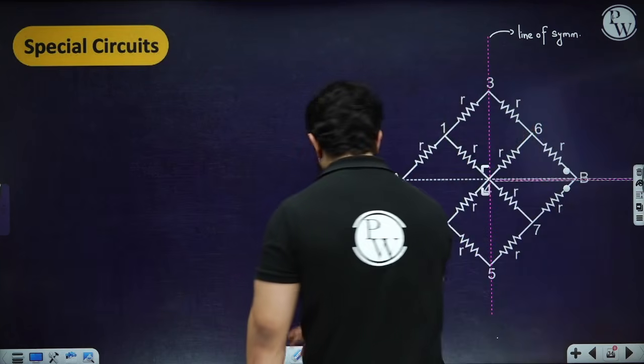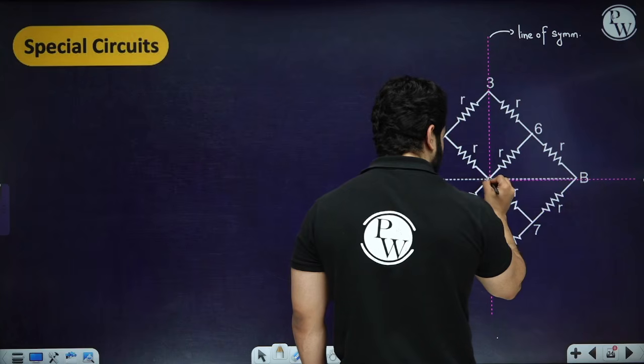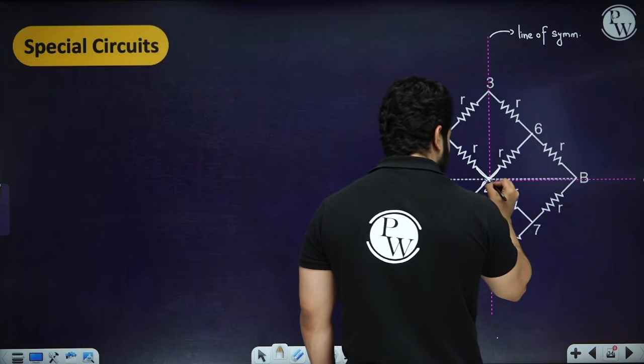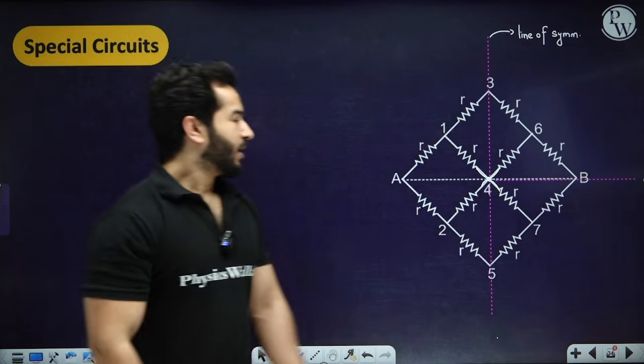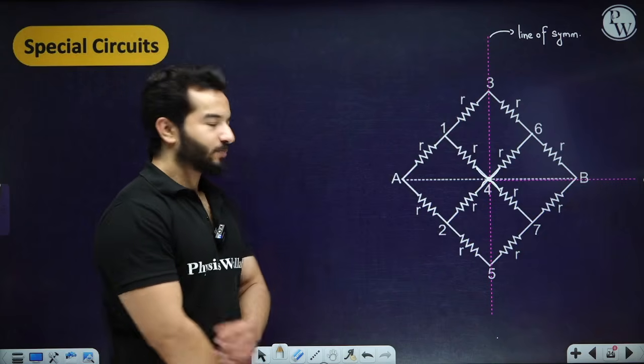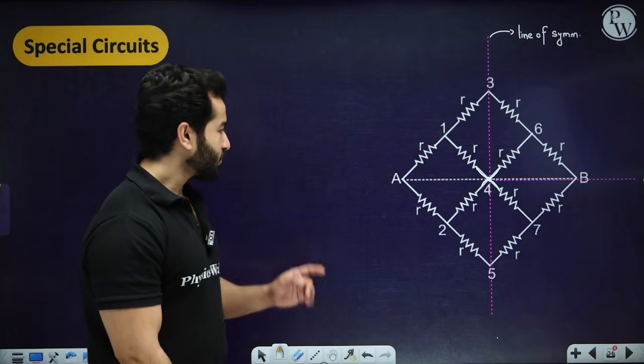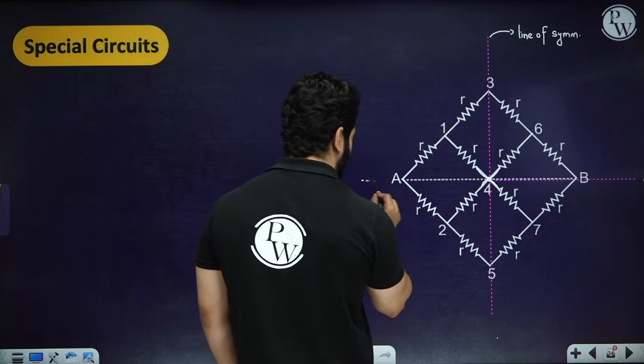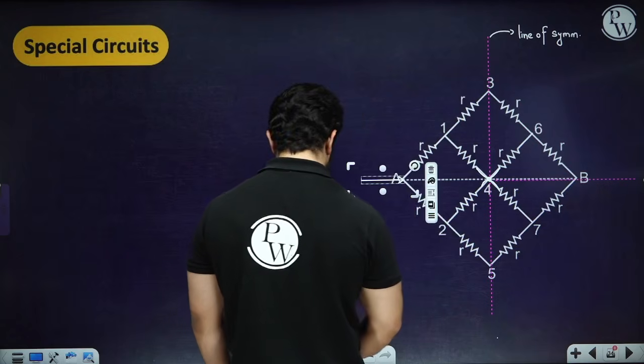If this is the case, at the point at which these two lines are meeting, you can actually detach these points. And I'll give you a reason for this. What you can assume is, let's suppose that a current I is flowing from this direction.